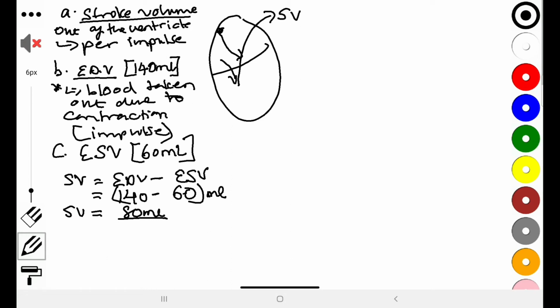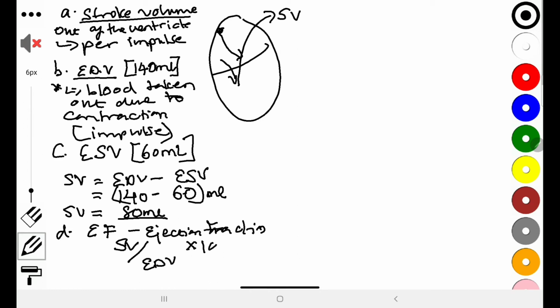Another term that I would like you to know is efficiency. So the ejection fraction usually states how efficient the heart is. It is a percentage of how much blood is ejected per contraction. So you usually calculate it as SV over EDV, and you multiply that by 100.